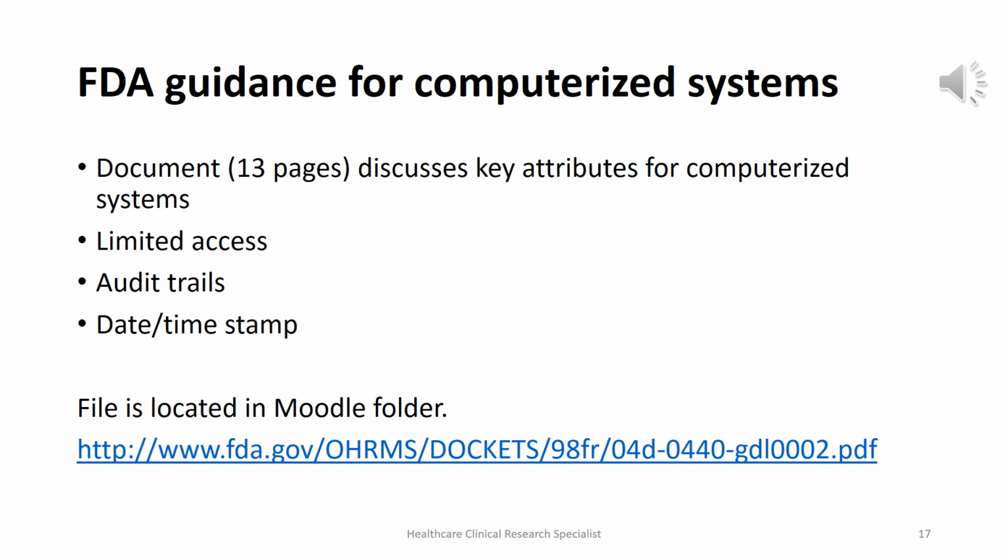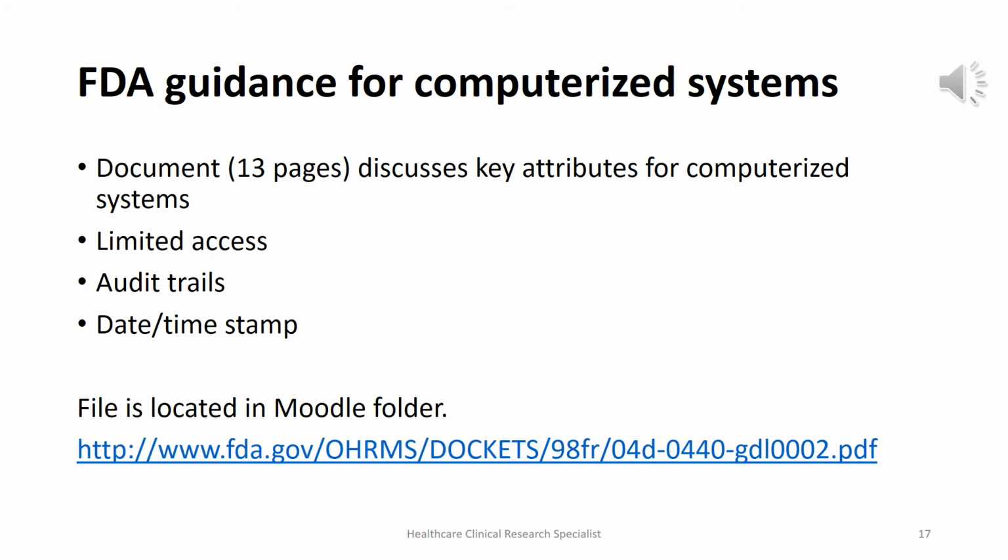In addition to 21 CFR Part 11, the FDA also publishes guidance for use of computerized systems. It's a 13-page document. I've posted it on Blackboard. However, I've also included the link down below in case you can't get it off of Blackboard. It's basically a 13-page document that discusses the key attributes of computerized systems.